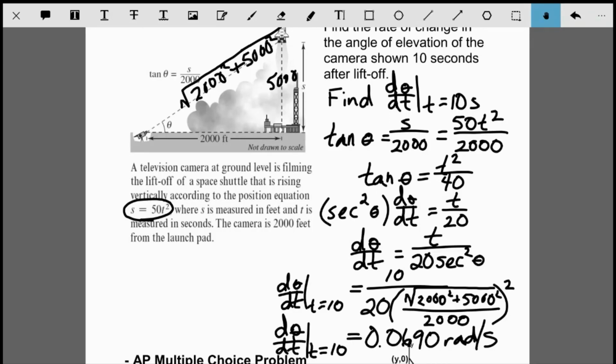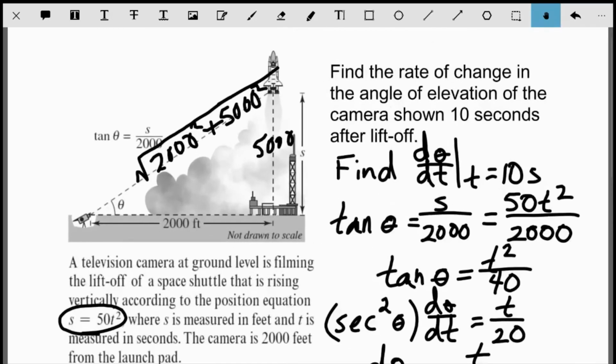So the way I did that, you can see on my diagram, is I said, all right, if this is 2,000 feet from the camera out to the launch pad, and if I know we're at time is equal to 10 seconds, then we can figure out the height of 5,000 feet, and then that allows me to find the hypotenuse. So I didn't simplify it all out. I just kind of wanted to show you where this came from.